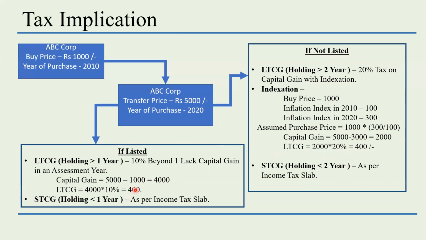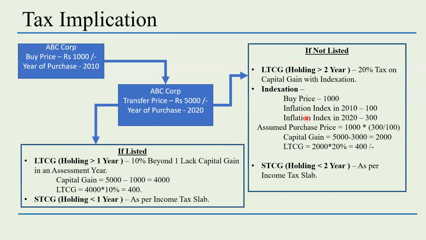It looks like the same, but this calculation always differs, depending on the year of selling. If the year of selling is 2015, then the inflation index would have been 200, and your assumed purchase price would have been 2,000. 5,000 minus 2,000 is 3,000. 20% of 3,000 would be 600.